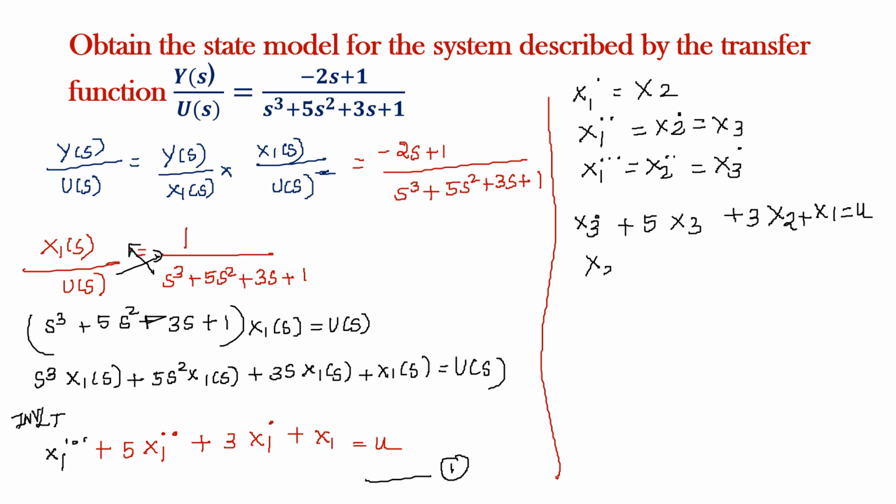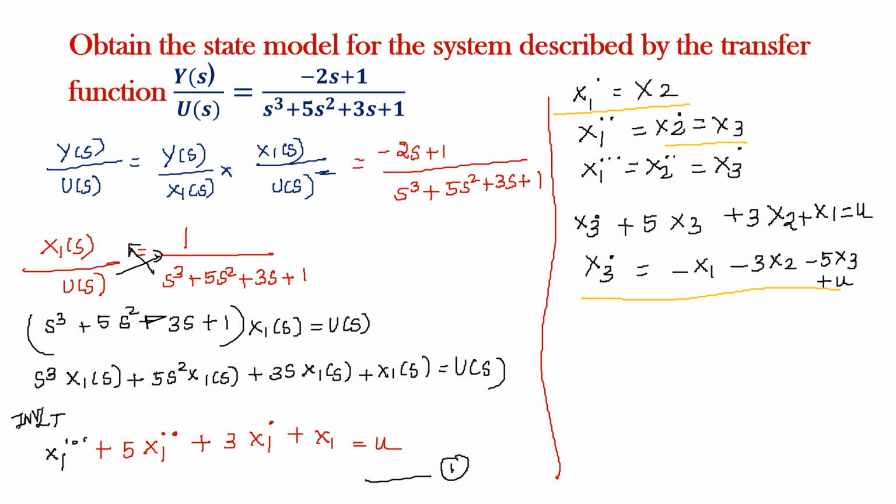From this equation, what is x3 dot? x3 dot equal to minus x1 minus 3x2 minus 5x3 plus u. And already we got the answer for x1 dot, then x2 dot also. This is the third value, x3 dot.